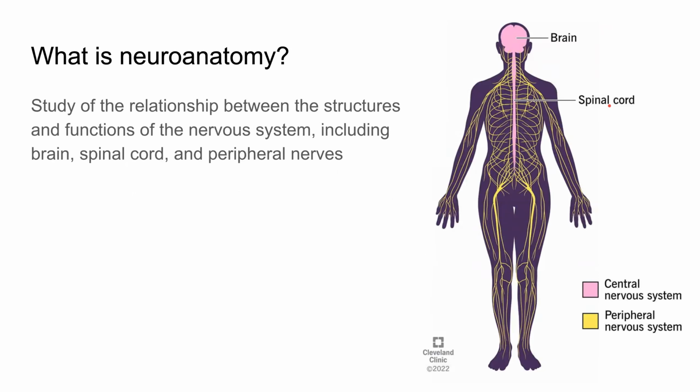The central sulcus divides the frontal lobe from the parietal lobe, and the lateral sulcus divides the frontal and parietal lobes from the temporal lobe. We also have the parieto-occipital sulcus, which divides the parietal and temporal lobes from the occipital lobe right here.